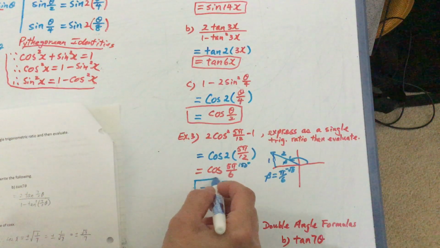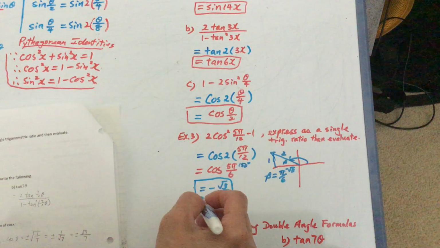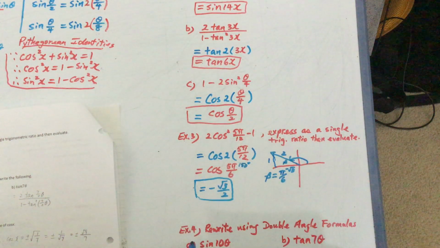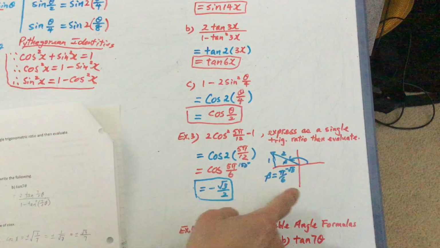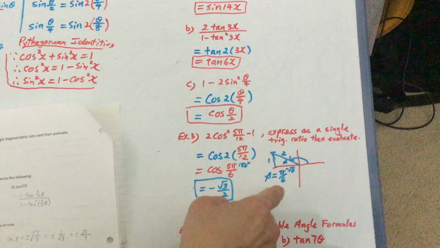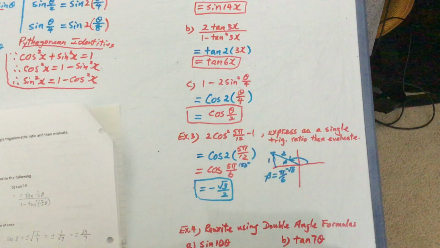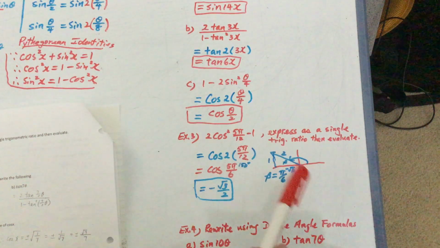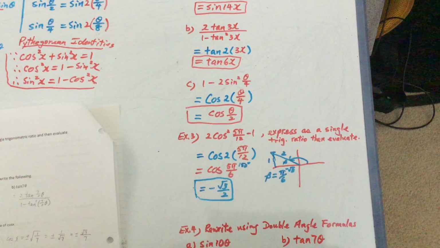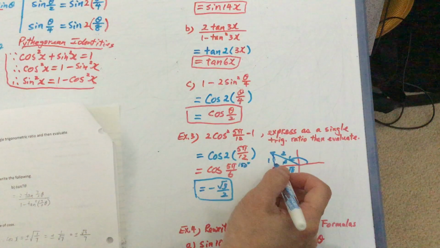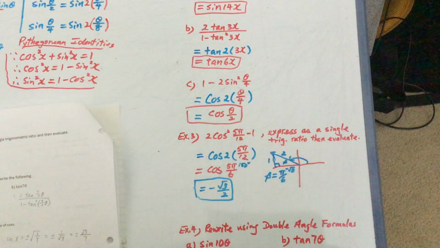Okay, so after you evaluate it, this will be your answer here in exact form. Negative root 3 over 2, because in CAST the sign is only going to be positive in this quadrant anyway. But if you draw your reference triangle, you should be able to see that as well.